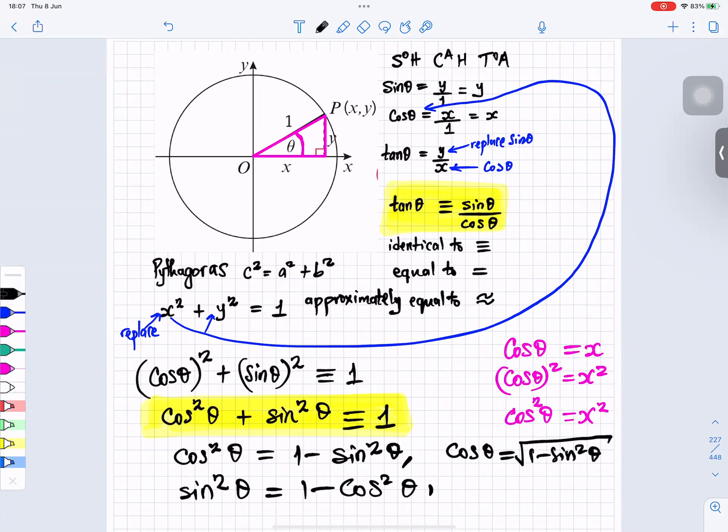Does that make sense? Yes. And sine theta is square root of 1 minus cos squared theta. Everything on this page, the two formulae in yellow are the ones you must remember. And the other ones, you can get them from those two. Okay, write this down, the main thing, and then when you finish, you can move on and start using it.